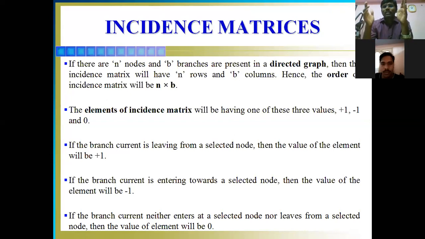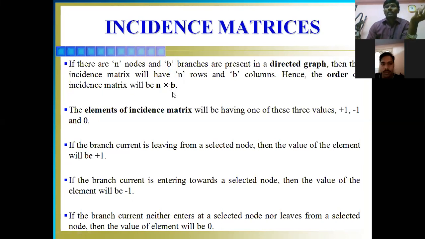The size of the node incidence matrix is n by b, where n represents the number of nodes and b represents the number of branches, nothing but the number of elements. So the node incidence matrix consists of n rows and b columns.